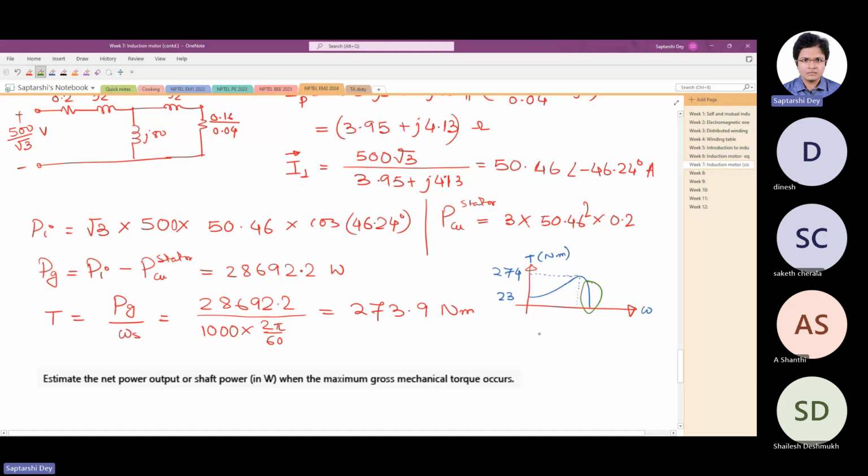That is why if you do an induction motor experiment in your laboratory and find out the torque speed characteristic, you will get a drooping straight line. You're basically getting a magnified version of this segment of the torque speed curve. Okay.